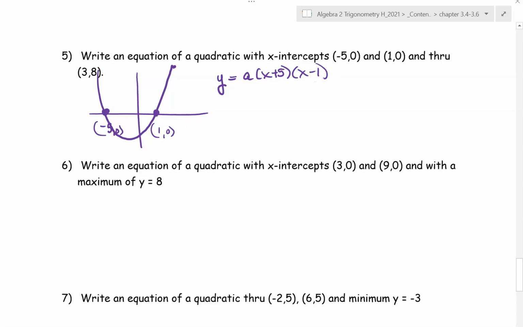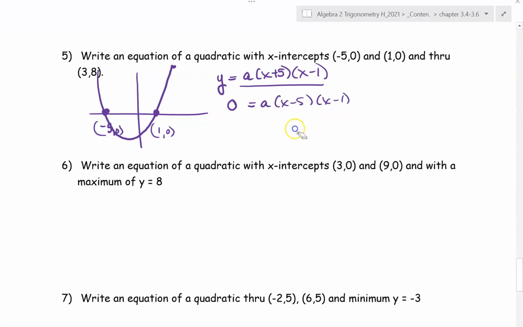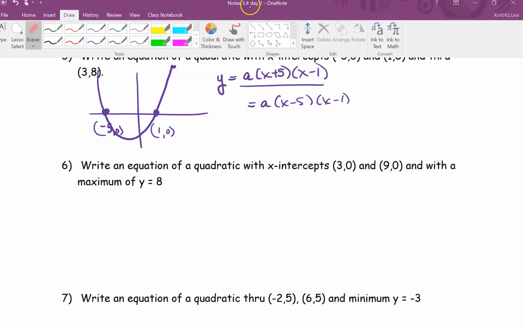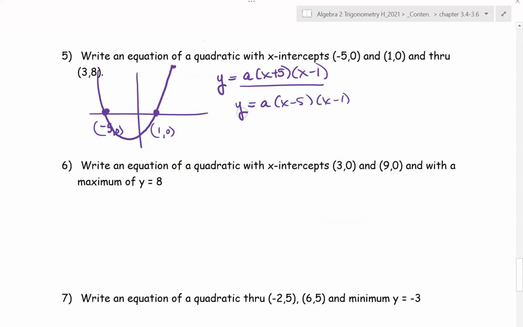So notice if -5 and 1 are truly x-intercepts, you could write the equation like this because, for example, if I substitute a 0 in for y, we would say x equals -5 and x equals 1 are x-intercepts. So what we need to do now is find the a. So pause the video and think about what you could do to find the a.